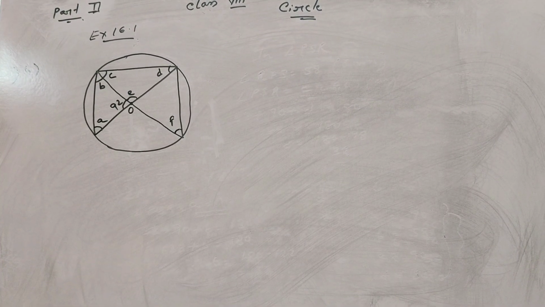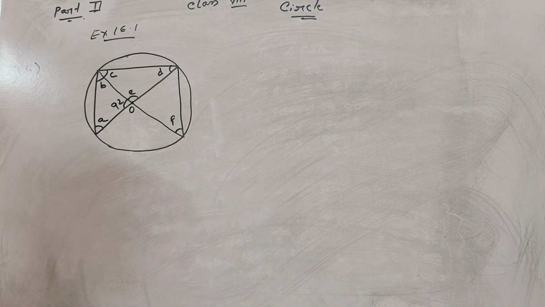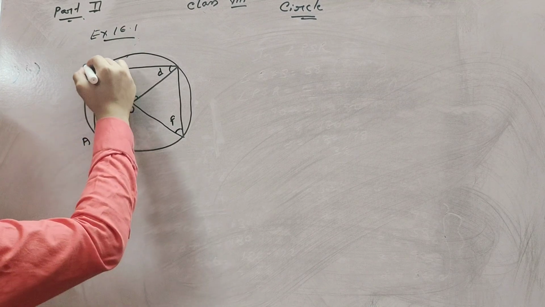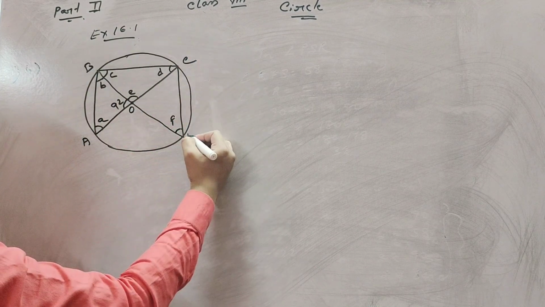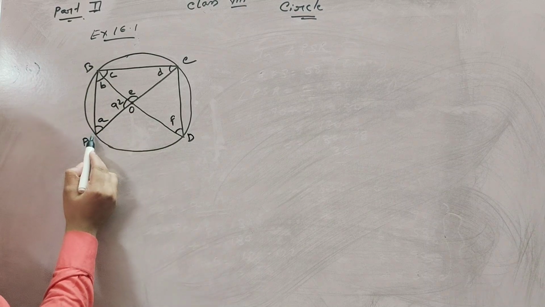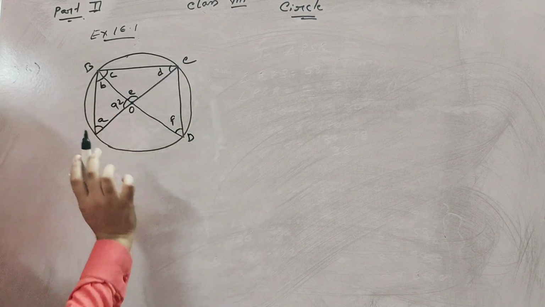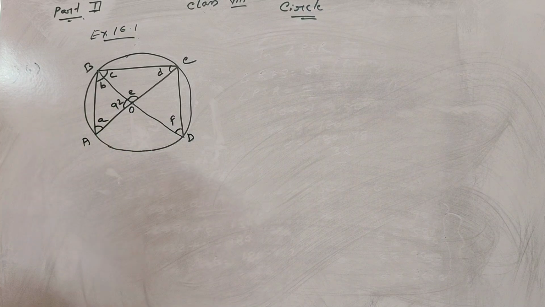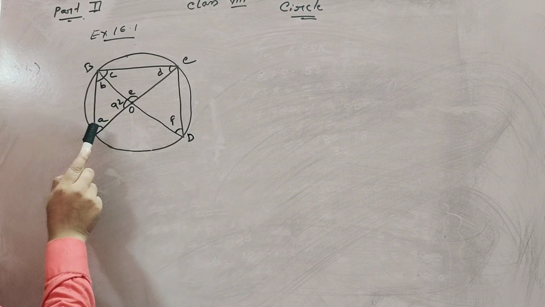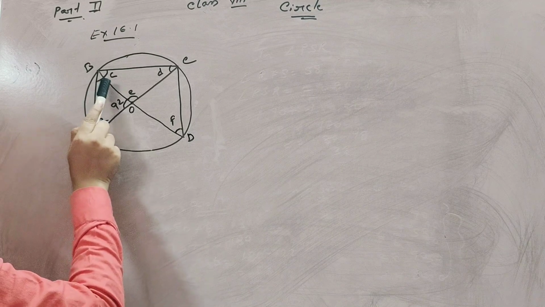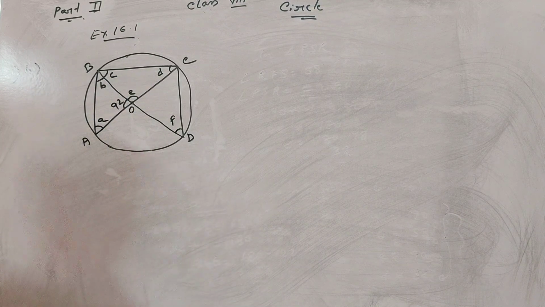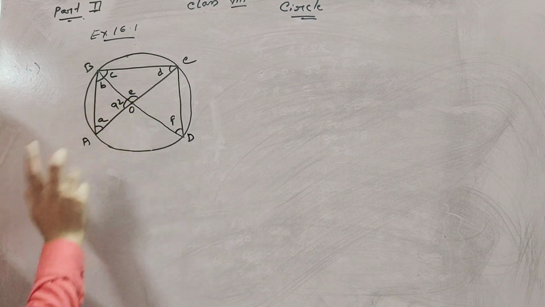Okay, see, first we label it A, B, C, D. You see, AC is a straight line and passes through the center, because center point O is given. You need to find out angles A, B, C, D, E and F. Clear? Only this portion, 92, is given.